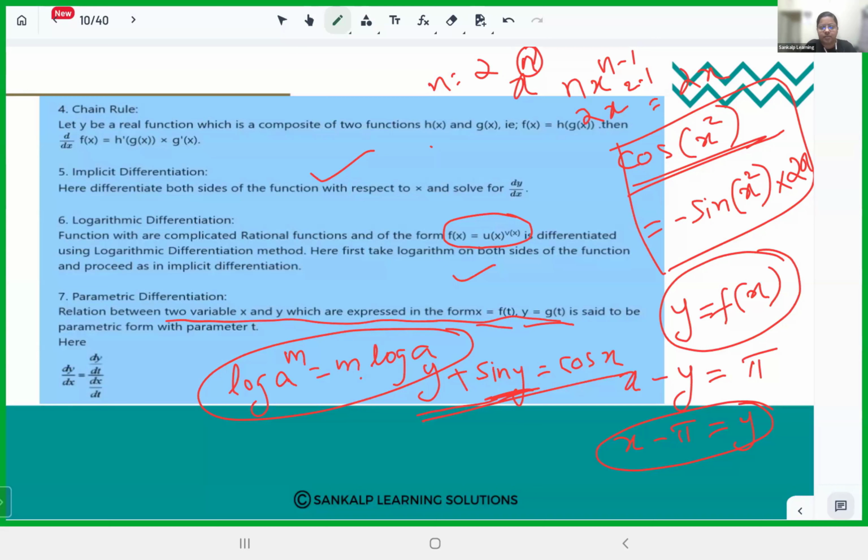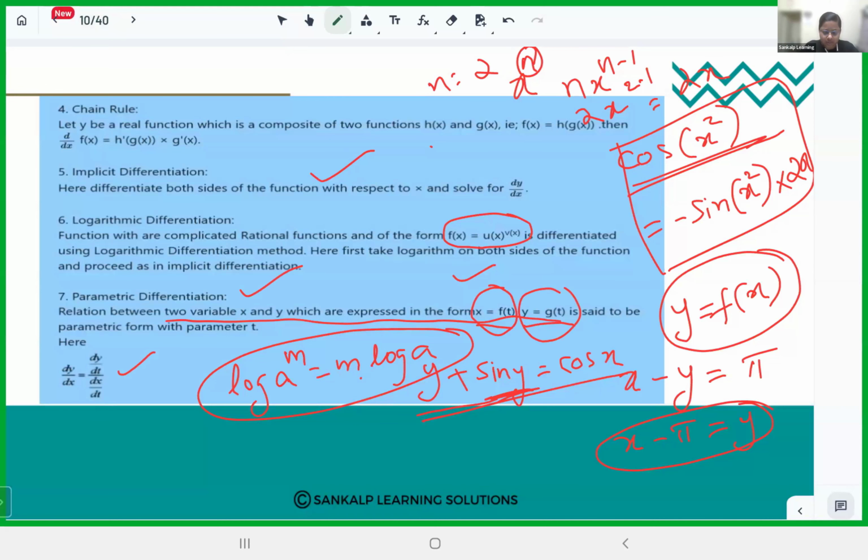The connecting factor, or parameter, that connects x and y is t. We find the derivative of these types of functions using parametric differentiation. That is, we find the derivative of y with respect to t, then the derivative of x with respect to t, and then we divide those to get dy by dx.